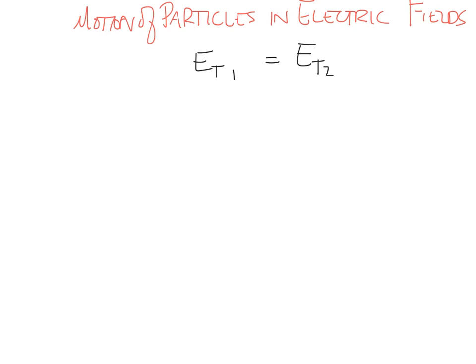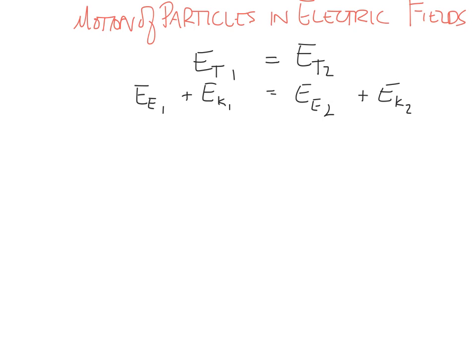And I think everybody kind of understands that at this point. In this situation, we're going to expand that to say that all the electric potential energy in the beginning plus all the kinetic energy in the beginning is equal to all the electric potential energy at the end plus all the kinetic energy at the end. And I don't think that this is a shock or a surprise to anybody.